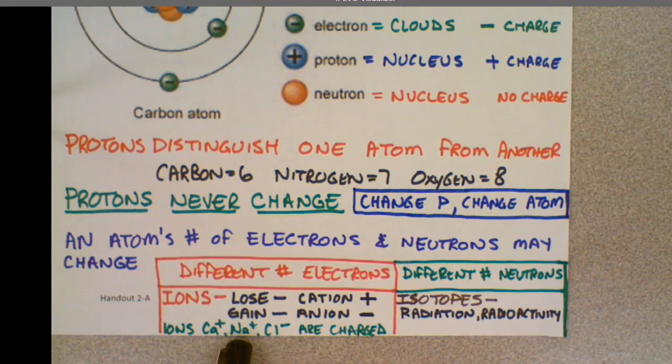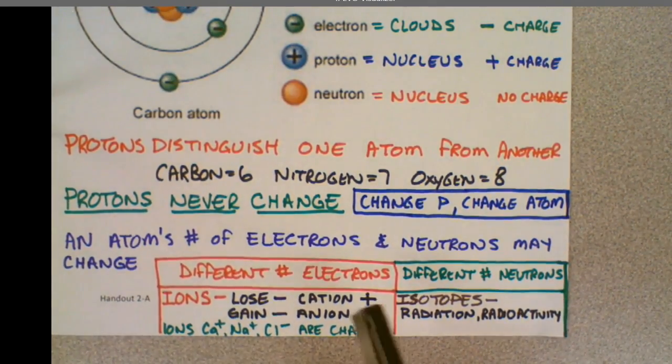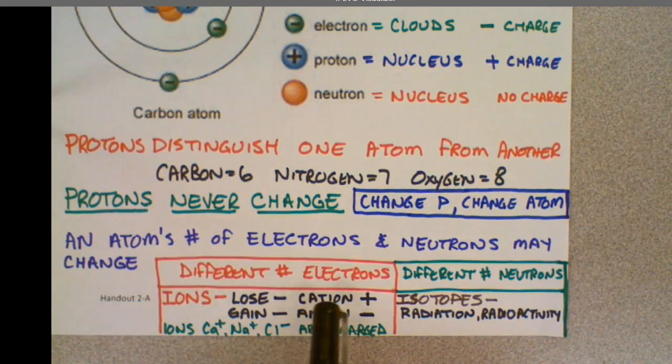They're positively charged ions. Now, it turns out that they have names for these ions, of course. So if the ion is positive, it's called a cation. If the ion is negative, we call it an anion. So if we gain or lose electrons, we form ions.